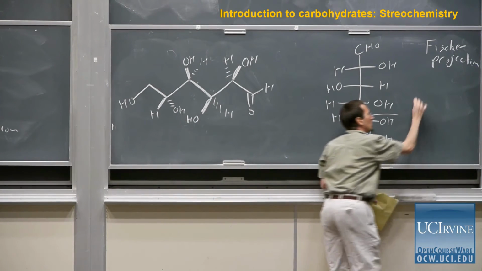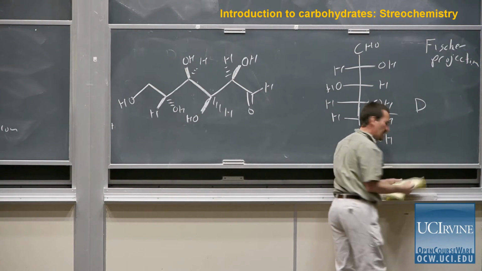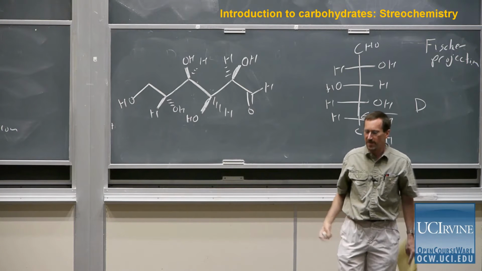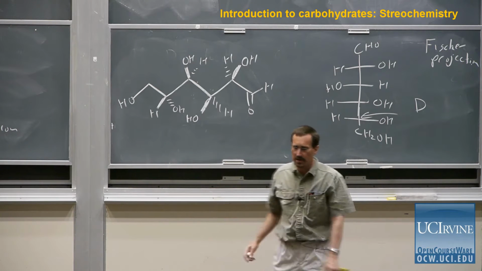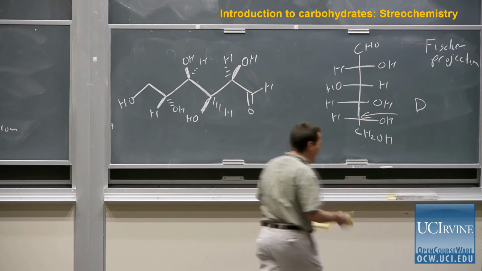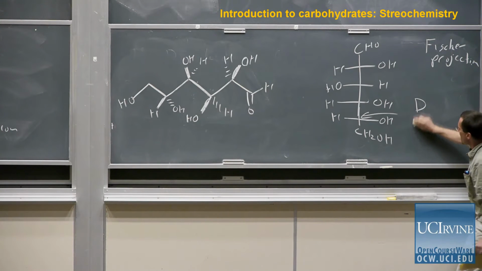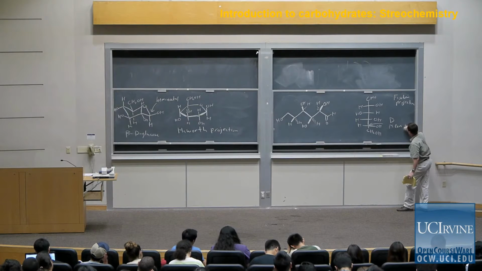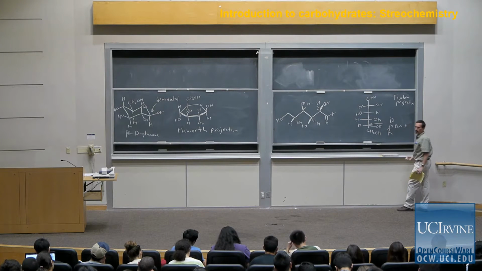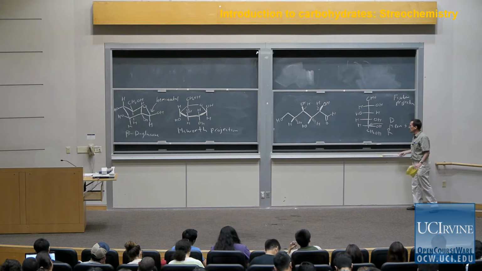So D at this position, they didn't know it when they first started. Fischer started to study the stereochemistry of the sugars, but the D means this stereochemistry, and it means R stereochemistry. Remember R and S at this position.